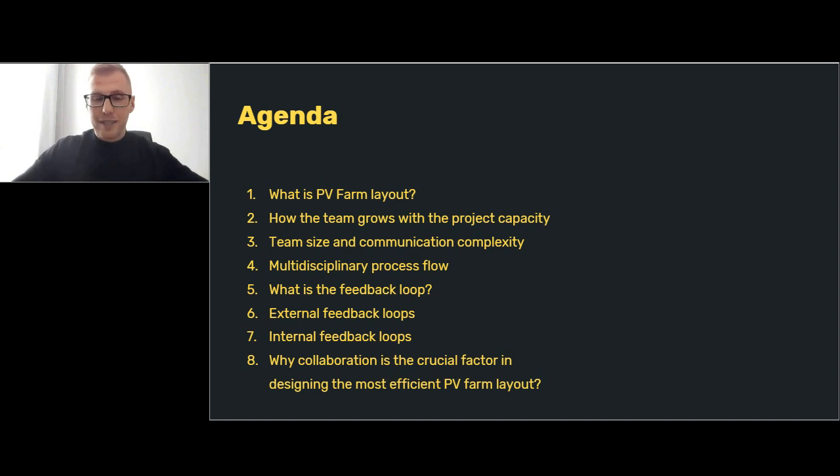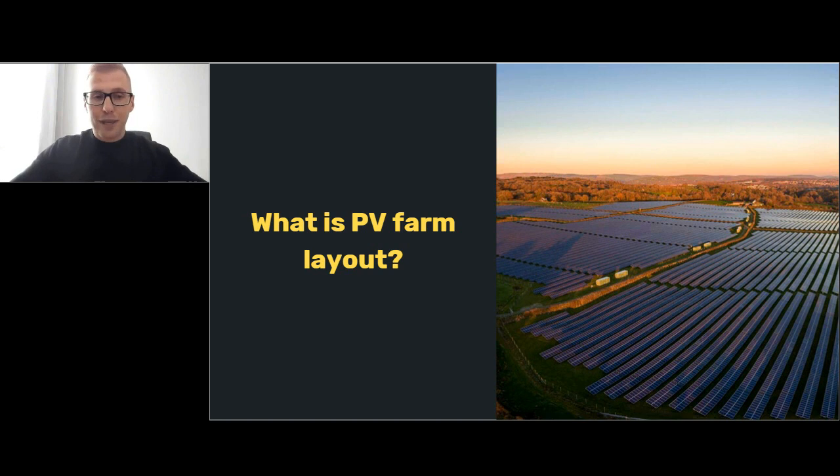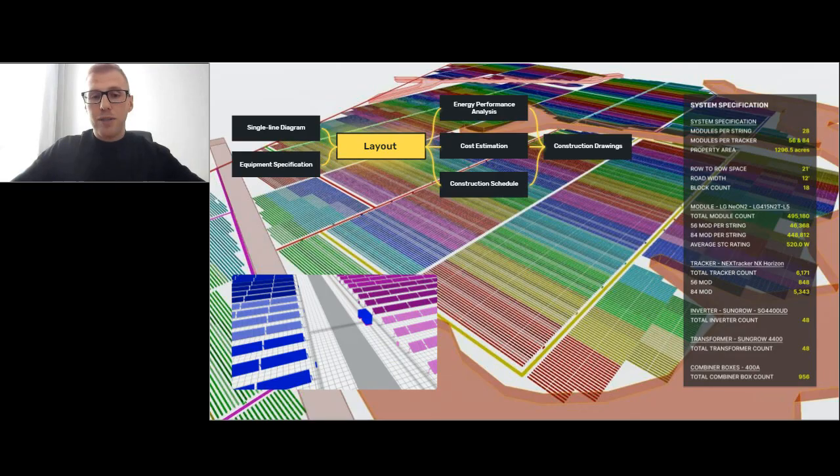So let's get started and go to the next slide. First of all, again, what's PV farm layout? The solar PV farm layout is a racking or mounting plan of PV modules, which shows information about the site, the point of interconnection and design system characteristics.